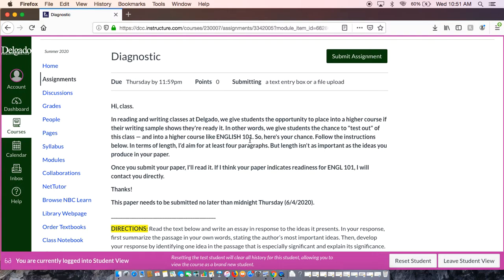And we don't want to spend an entire semester with you in this class if you could be in the class above this, because that's wasting your time, and that's not what anybody at this college is about. We want students in the courses that they're ready for. And the only way that we know if you are ready for it is just to see a sample of your reading and writing skills.